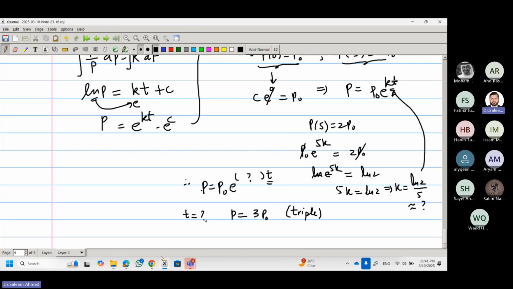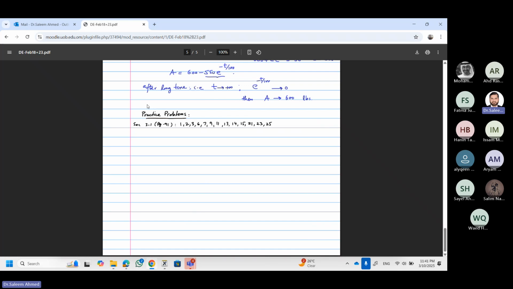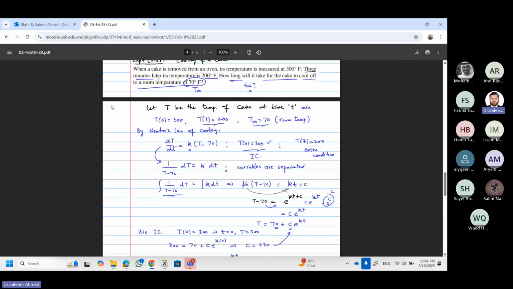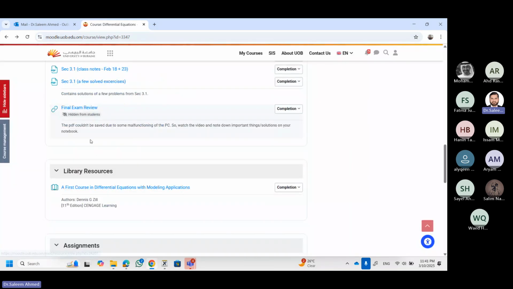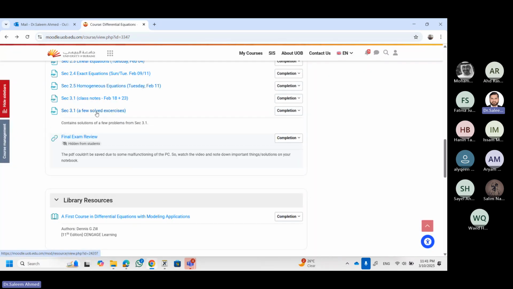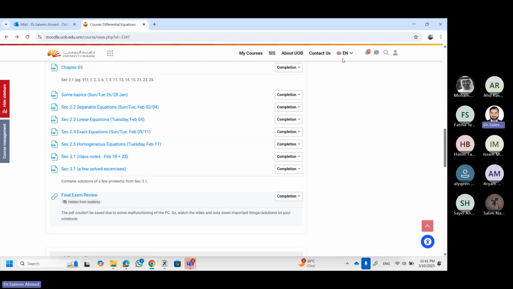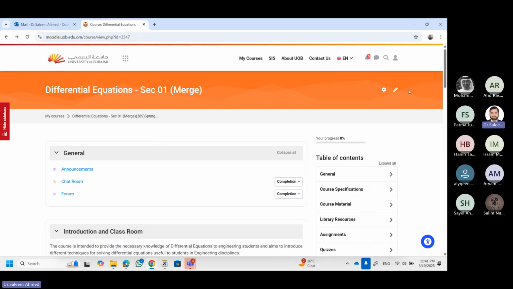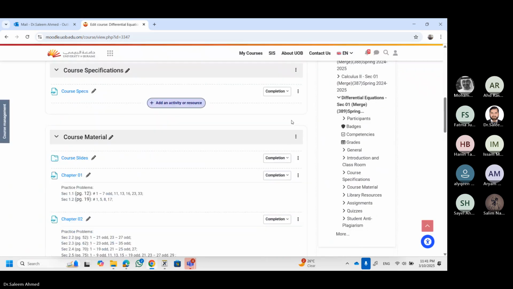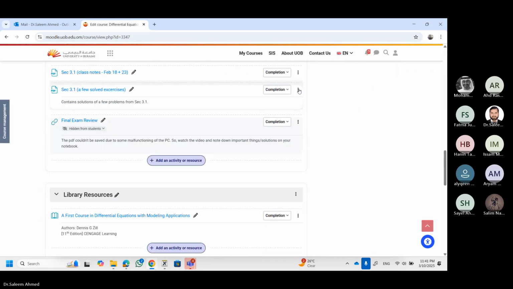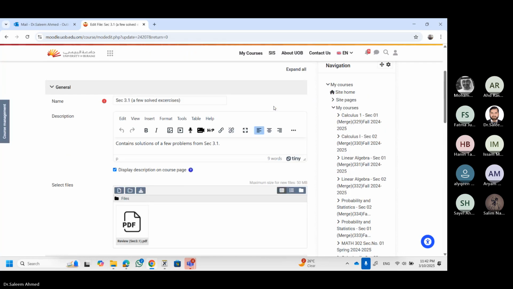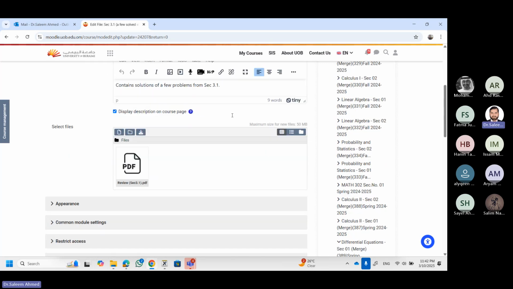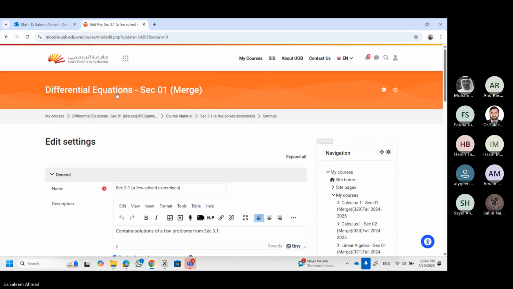So see in Moodle, you can see there are problems solved in my notes, and in the past semester as well. I wrote here a few solved exercises from past semester. It contains solutions of a few problems from section 3.1.